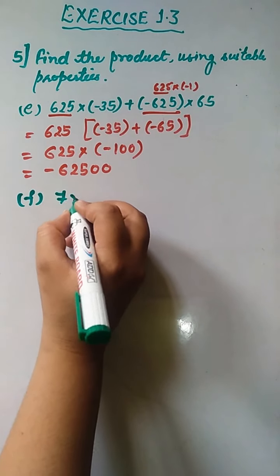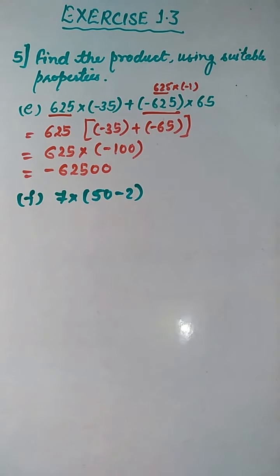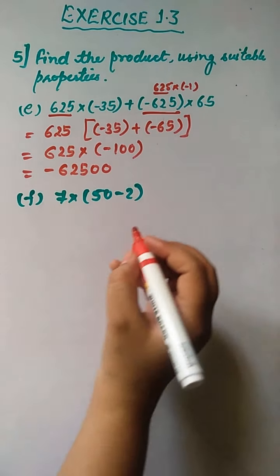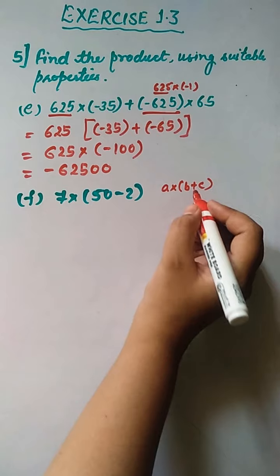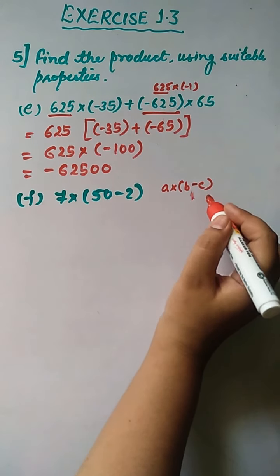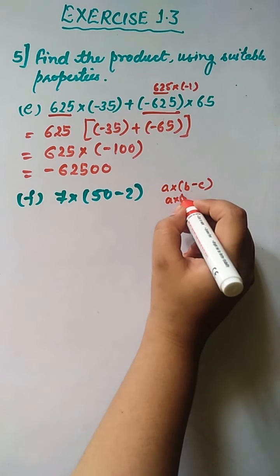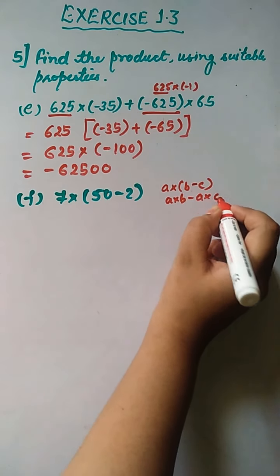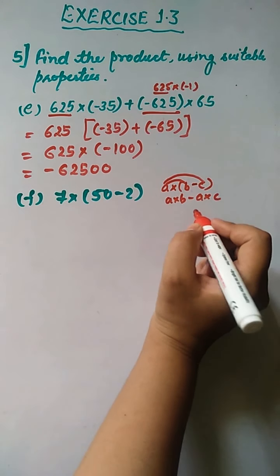Now F part is 7 into 50 minus 2. Now if you see, again we have to use distributive property. What was that property? A into B plus C, or A into, I told you second property also, that A into B minus C. So what we write? A into B minus A into C. First we multiply A with B, then we multiply A with C. Understood?